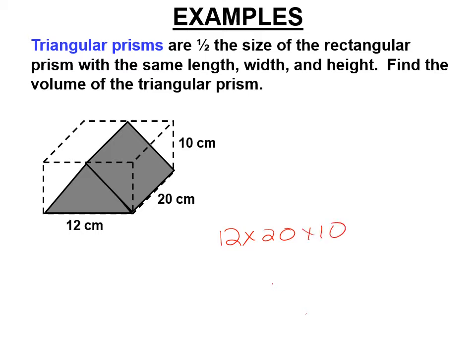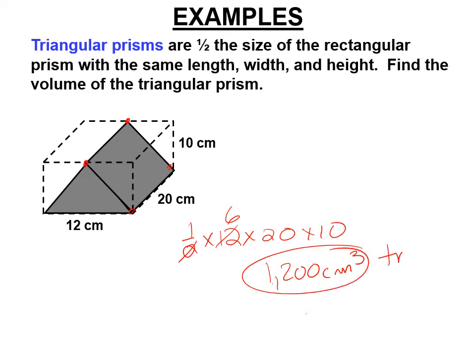So any triangular prism that has to go right to the edges, in the corners of the box, it's 1/2 of that. So 2 goes into 12, 6. 6 times 20 is 120. 120 times 10 is 1,200 cubic centimeters for the triangular prism.